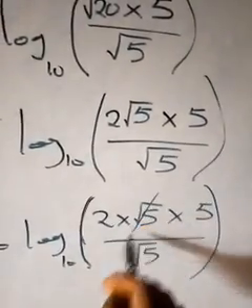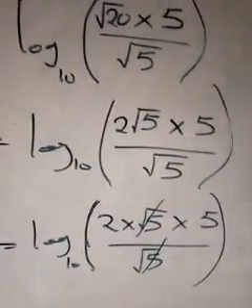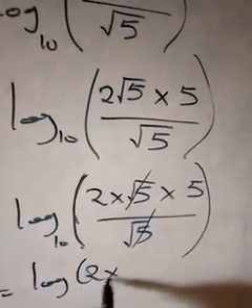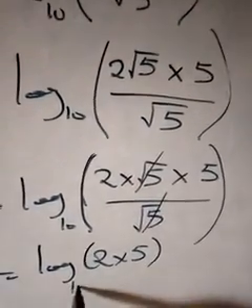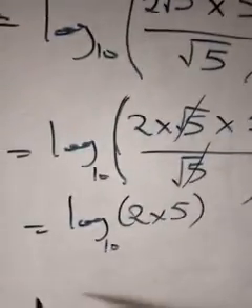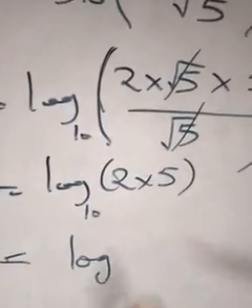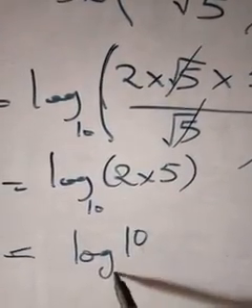Root 5 can remove root 5. We are left with log of 2 times 5 base 10, which gives us log 10 base 10.